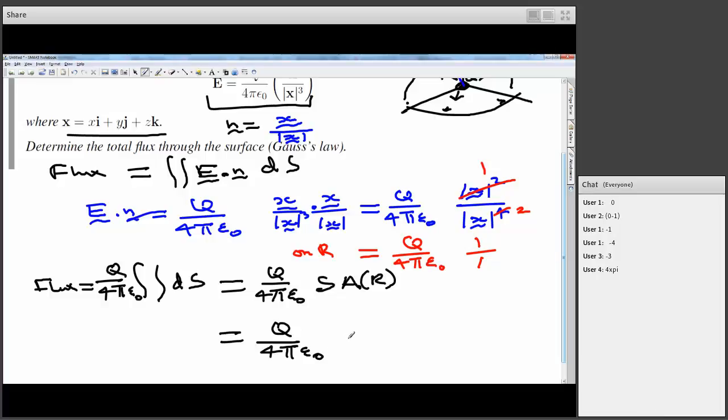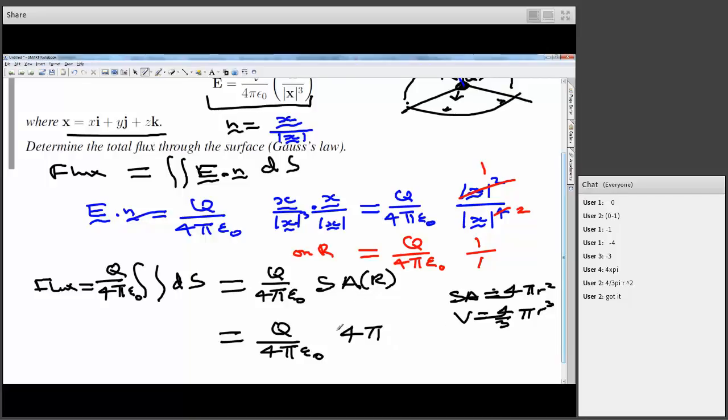So in general, the surface area is 4 pi times the radius squared. The volume is 4/3 pi r cubed. They're related: if you take the derivative of the volume, you get the surface area.